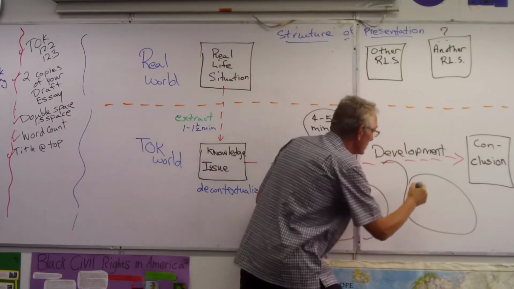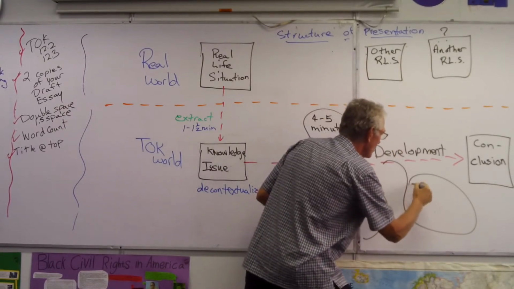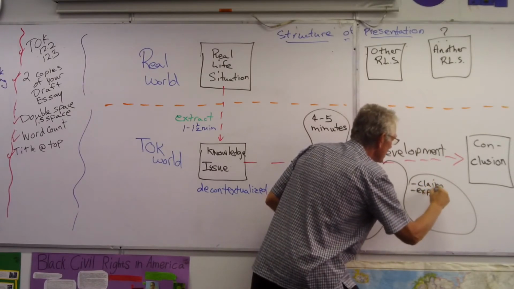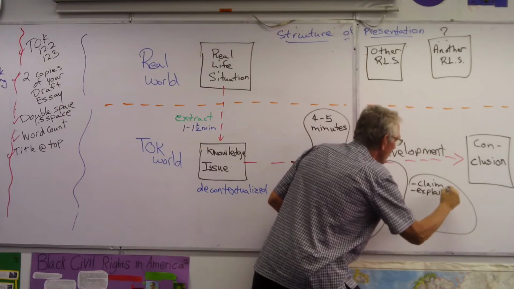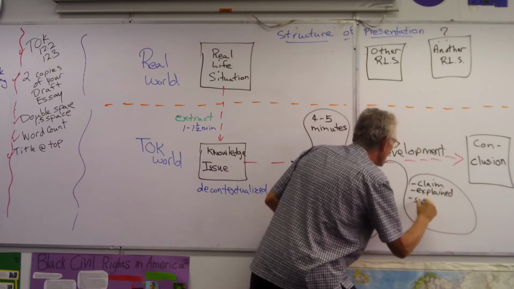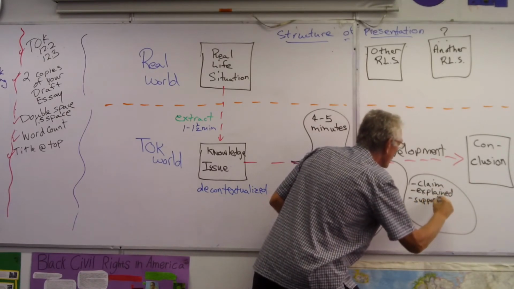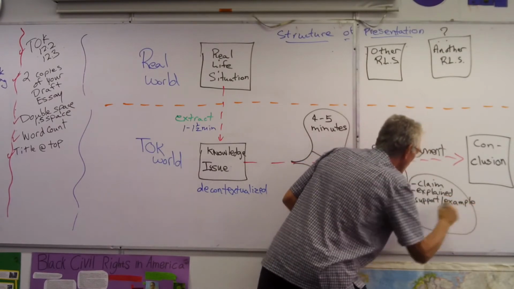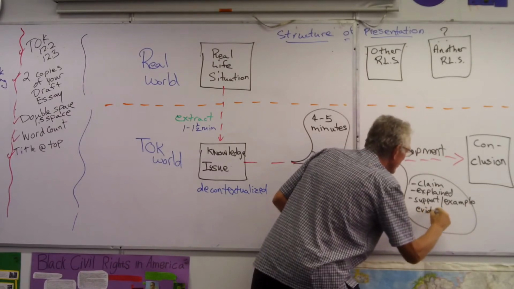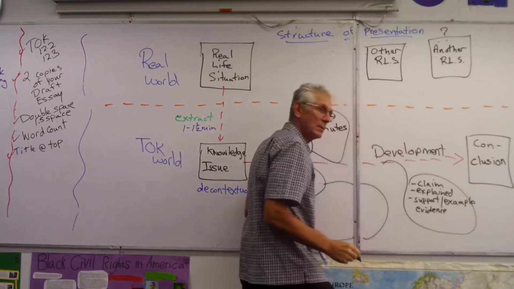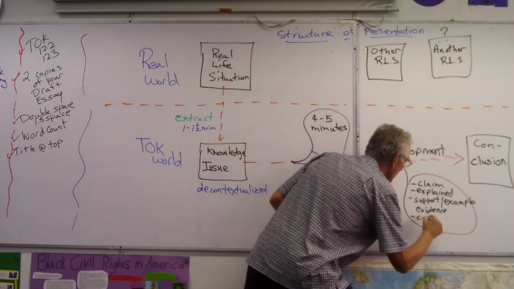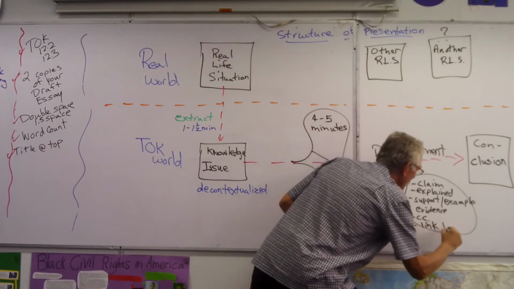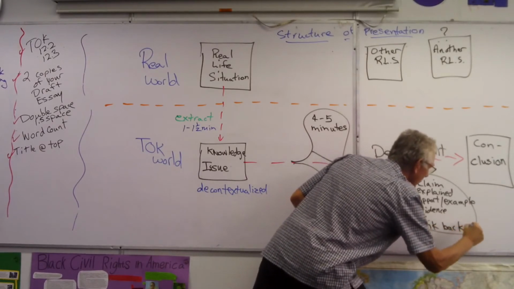Now, if you've been doing the TOK essay structure, you will see there's a claim, which is explained, which has support or example or evidence to prove it. Sometimes you'll have a counterclaim, and you link it back to the KI.